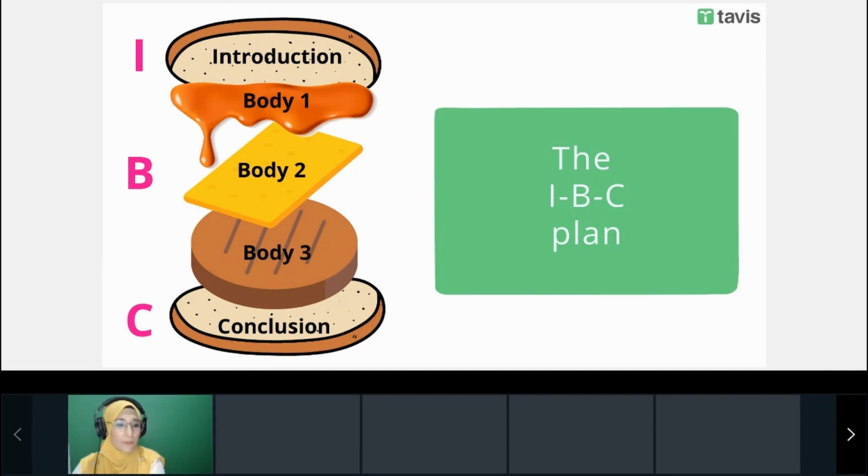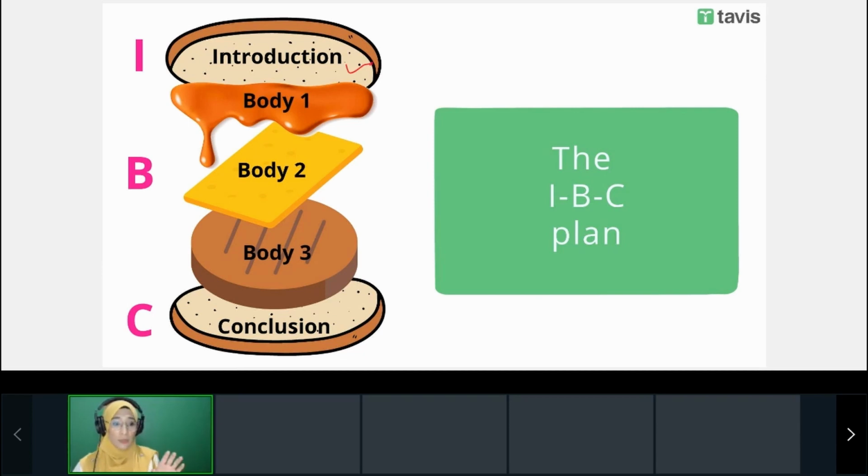And then you need another one to finish it off. And what do you call this? A conclusion. Now we'll take a look at the first slice of bread. This is the introduction.